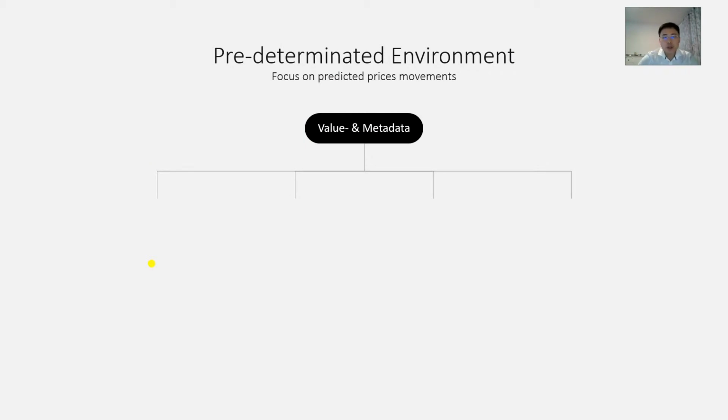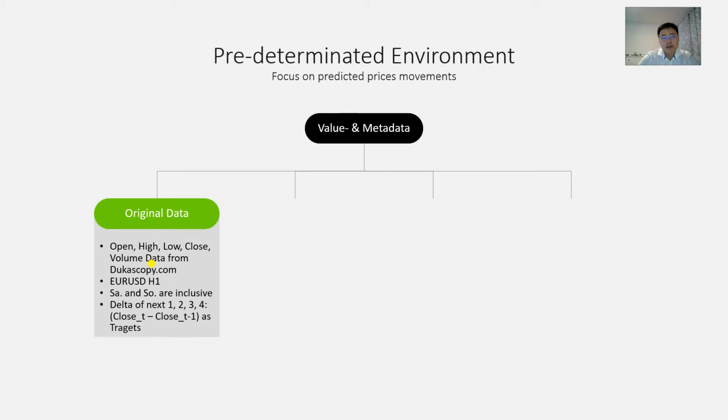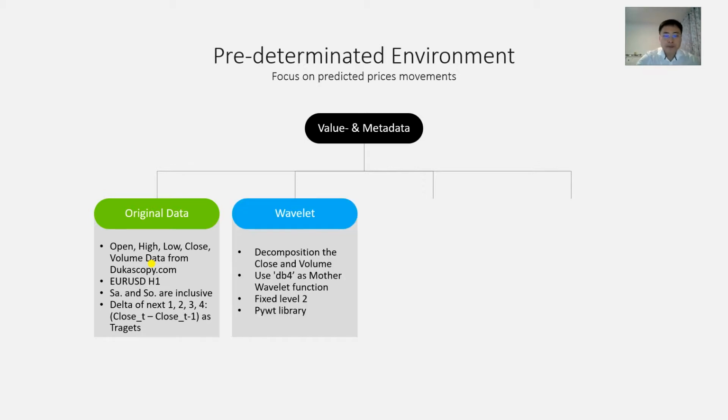This page shows you the predetermined environment, focused on price prediction of movements. First of all, I downloaded the original data from Dukascopy: open, high, low, close, and also the volume. I chose the oil against the dollar 1 hour data, and I decided to use close price as the movement indicator.